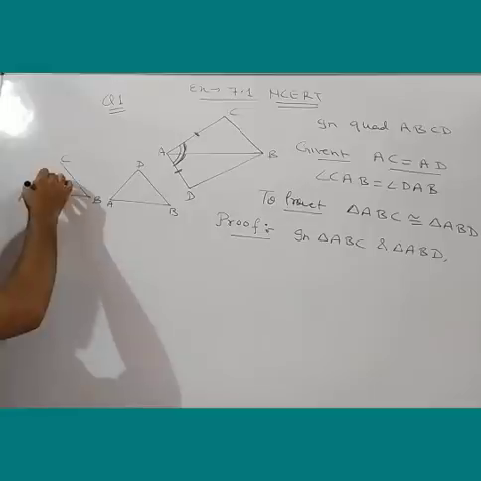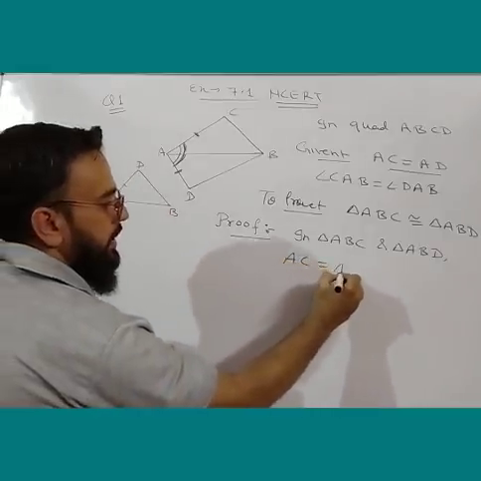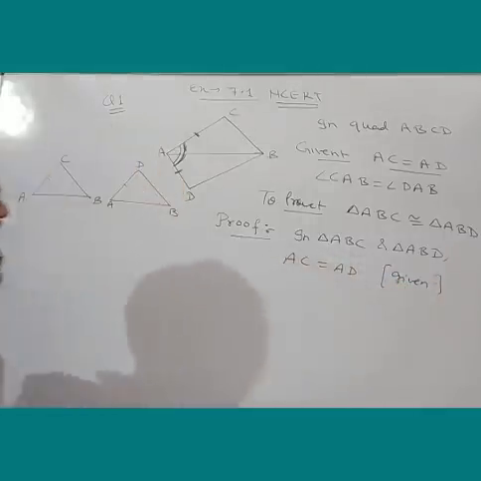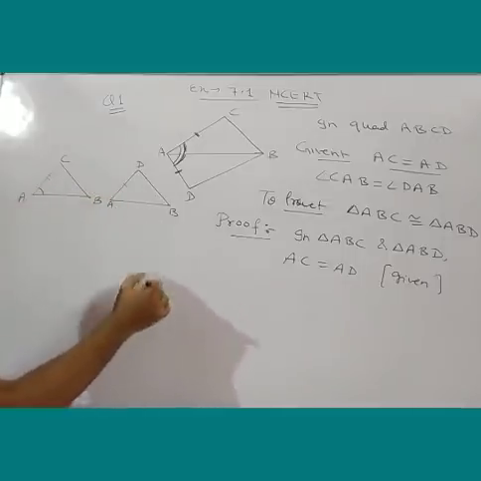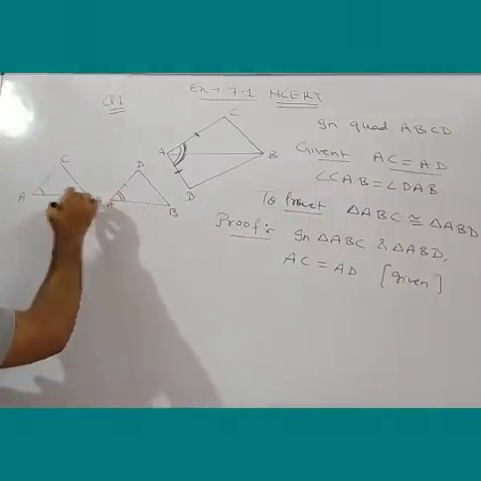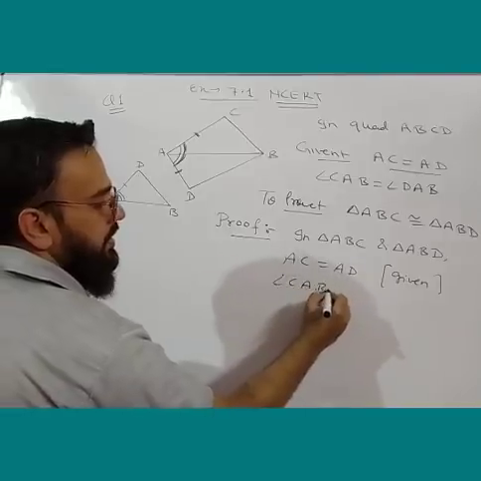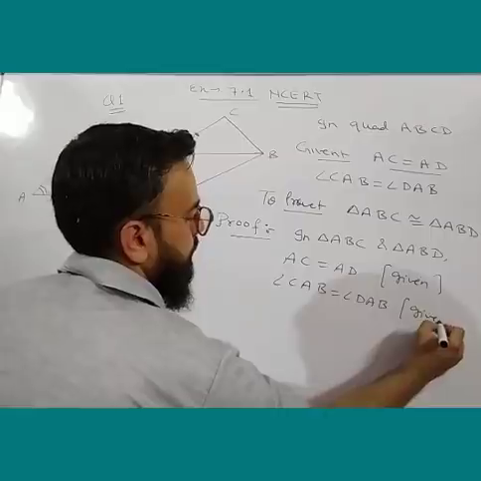We are given AC is equal to AD, it is given to us. Another thing, angle CAB is equal to angle DAB. These two angles are given equal, it is also given to us.